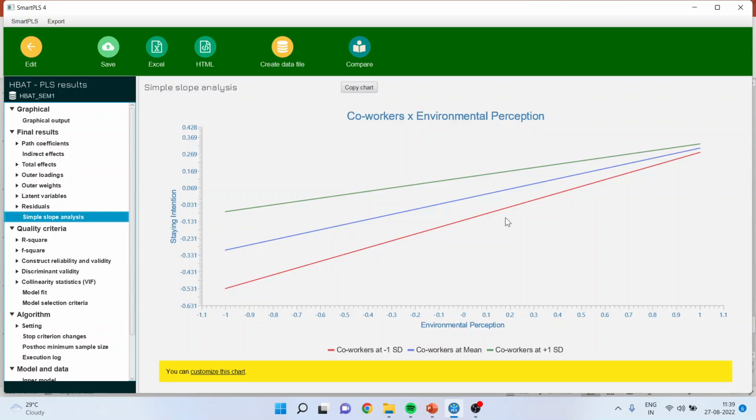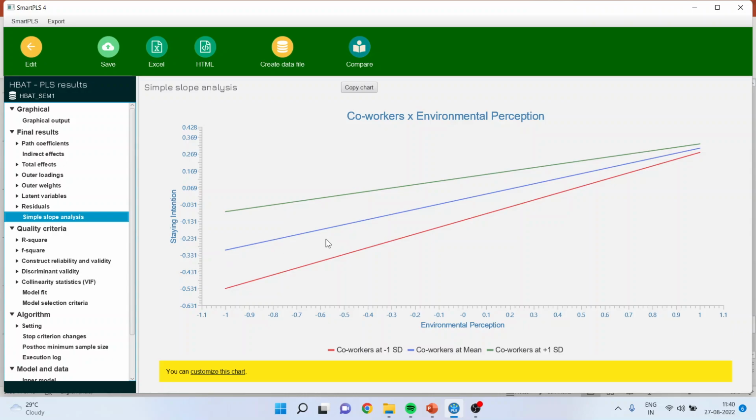Now here the blue line consists of co-workers at mean. That is the effect of the moderating construct co-workers at mean. The red line consists of co-workers at -1 standard deviation. And the green line consists of co-workers at +1 standard deviation. Now, what's the interpretation? When the behavior of the co-worker is one standard deviation less than the mean, the relationship between environmental perception and staying intention becomes more positive.